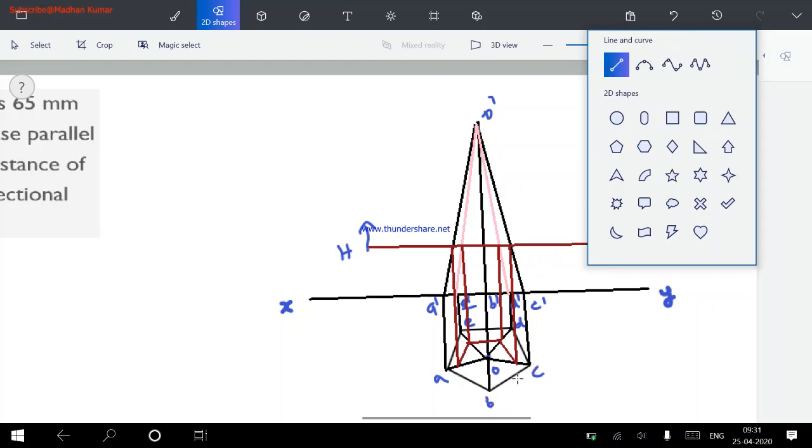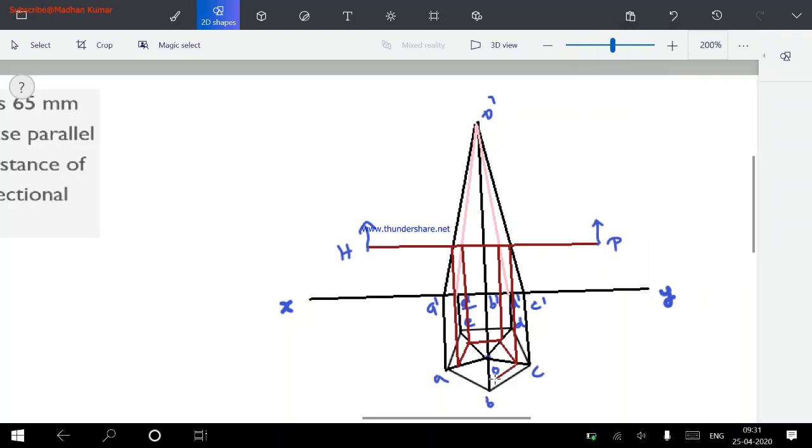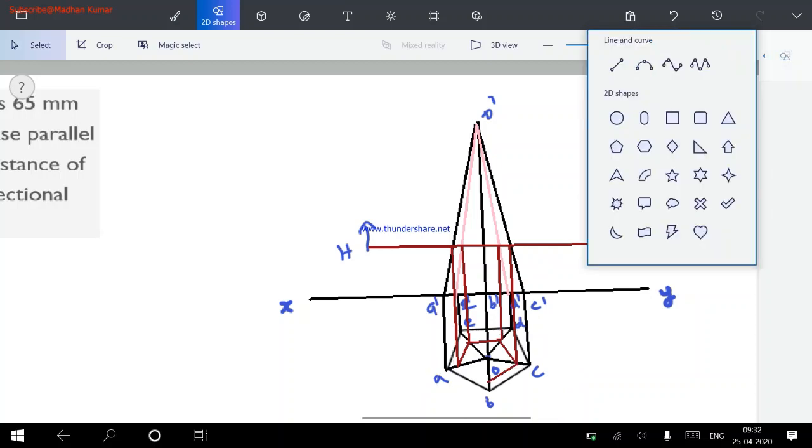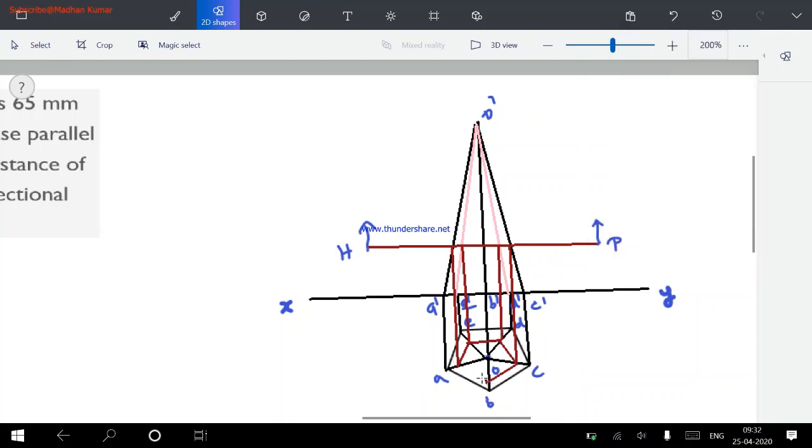So for this CB, I am just drawing the line parallel to CB. In order to complete this, we are making parallel lines. Similarly for AB, I am making the parallel lines. After drawing these parallel lines, I have to indicate all the nomenclatures.